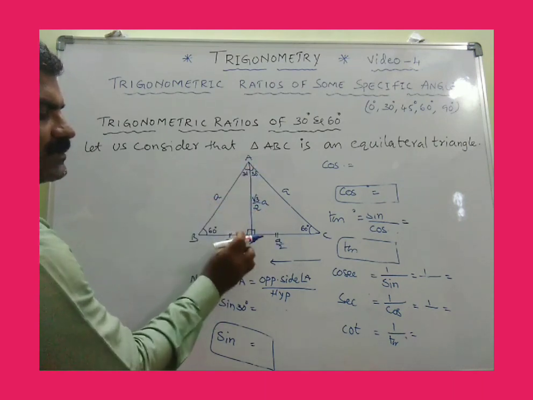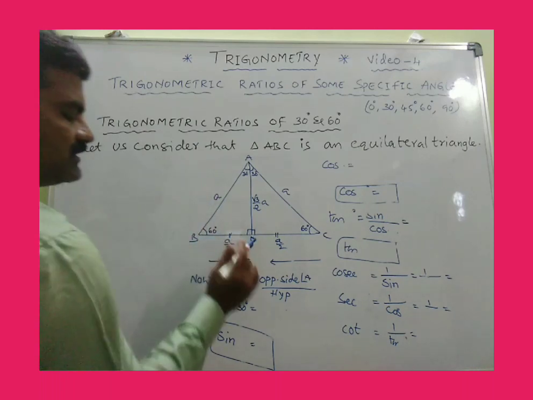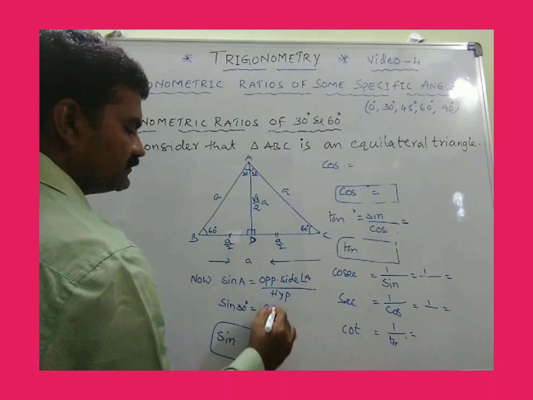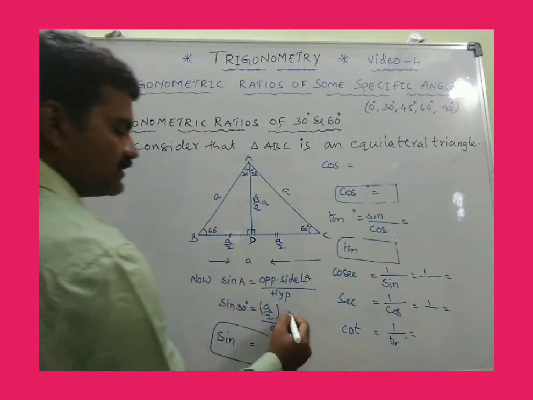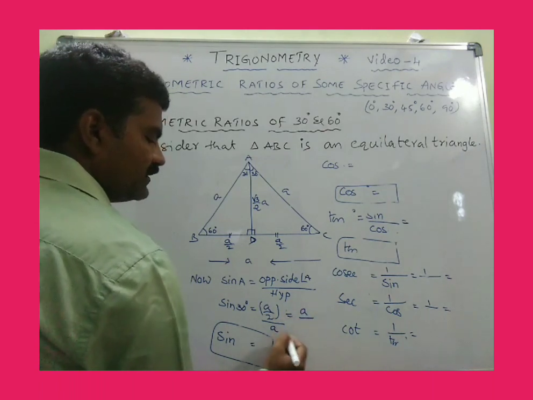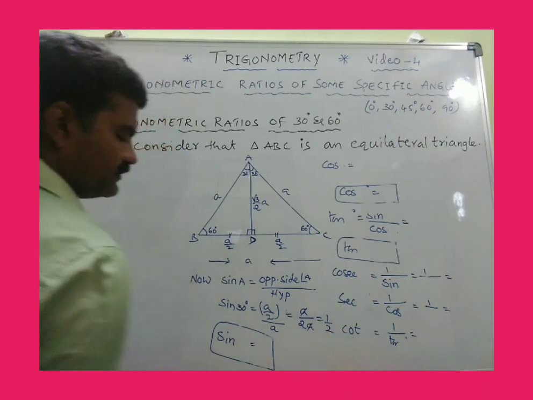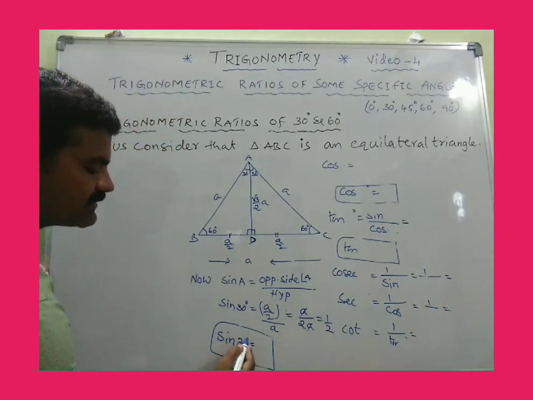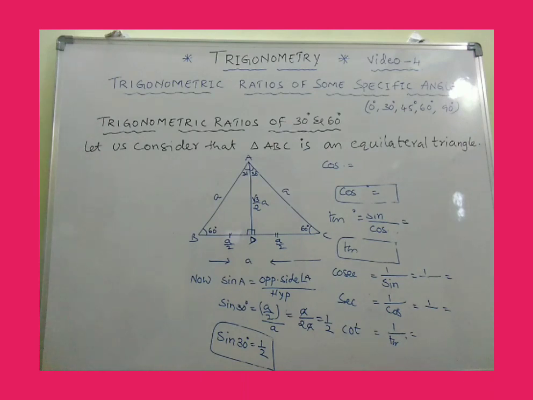And this is always the hypotenuse, because it is opposite to 90 degrees. Now opposite side is nothing but a by 2, by hypotenuse small a, which we can write as a by 2a. A gets cancelled, 1 by 2. Hence sine 30 degrees is equal to 1 by 2. Earlier also we got 1 by 2, that is the value of cos 60, but even sine 30 is also 1 by 2.